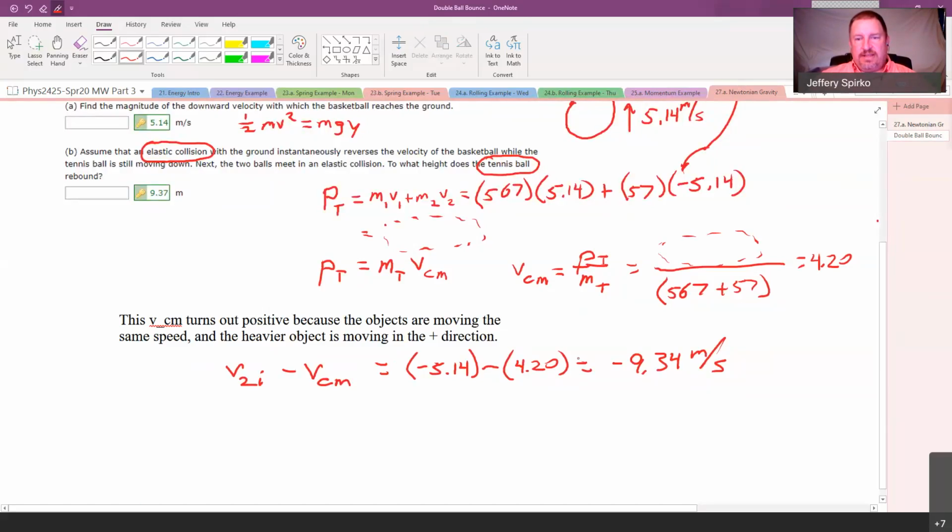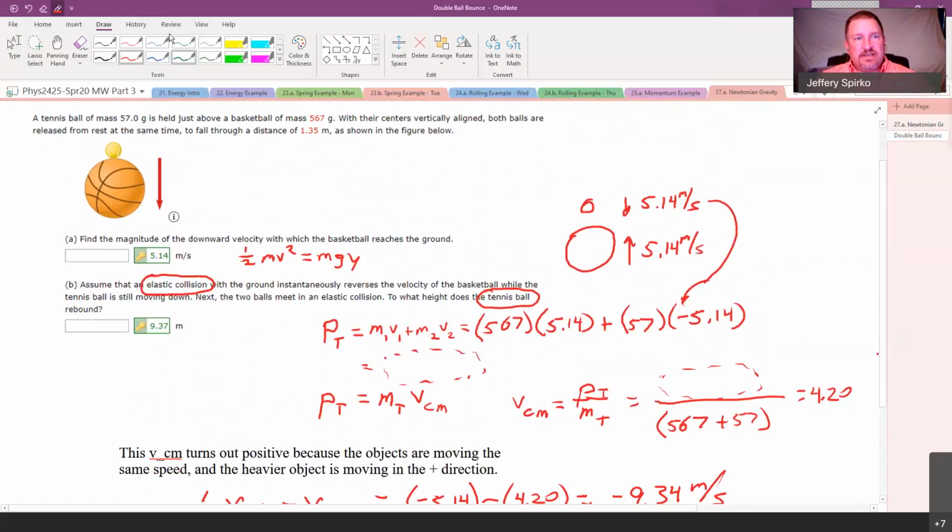And this quantity that I just calculated has a name. It's called V2 initial prime. And it is the velocity of the tennis ball with respect to the center of mass. There's this center of mass dot, which is kind of partway in between the two objects, and it is moving up with 4.20 meters per second of velocity.